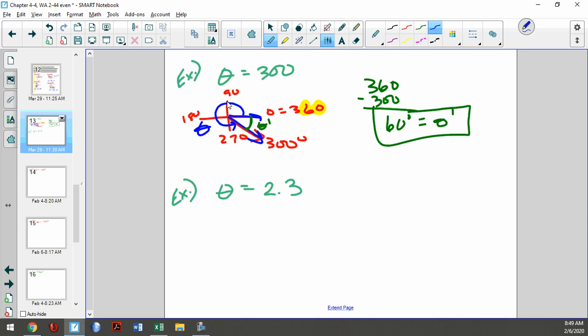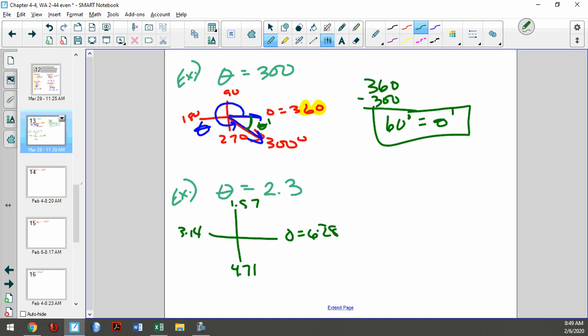How about when theta is 2.3? Same exact thing. So I have 0, 1.57, 3.14, 4.71, and 6.28. Where is the angle 2.3? It is going to be in quadrant 2, yes?